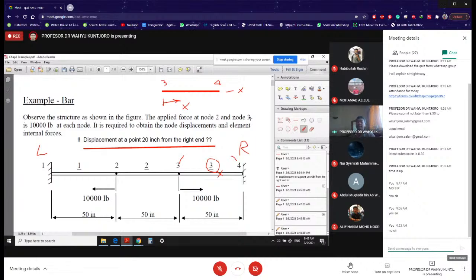Of course, you know, x positive to the right in this case, and this x here is measured from node number 3. So now you understand that at that point, x is 0. At node number 4, x is 50. And over here, all right, that point, of course, it is going to be 30.